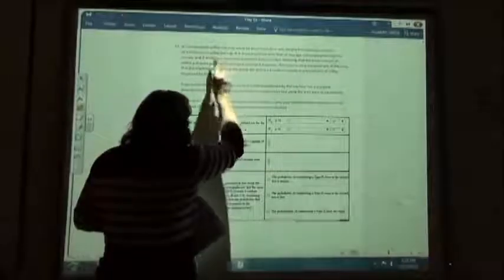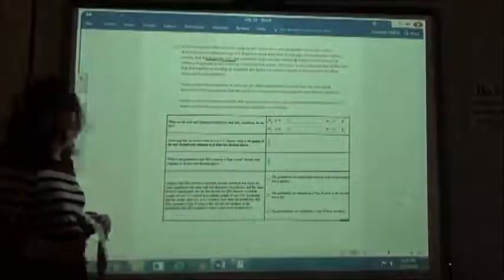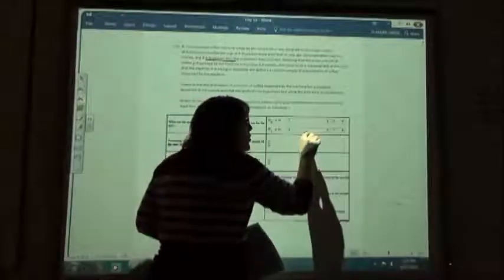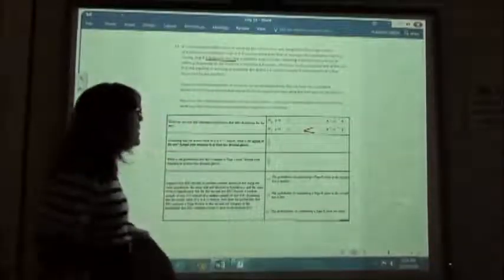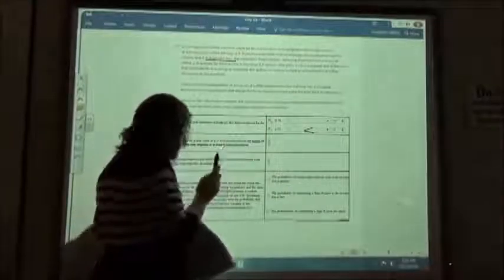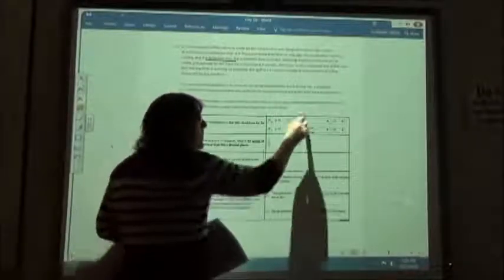So first thing we have to do is figure out what the null and the alternate hypothesis is. What they believe is that it dispenses less. Since less doesn't have an equal sign, the less is my alternate one. That means my null would be greater than or equal to, right?